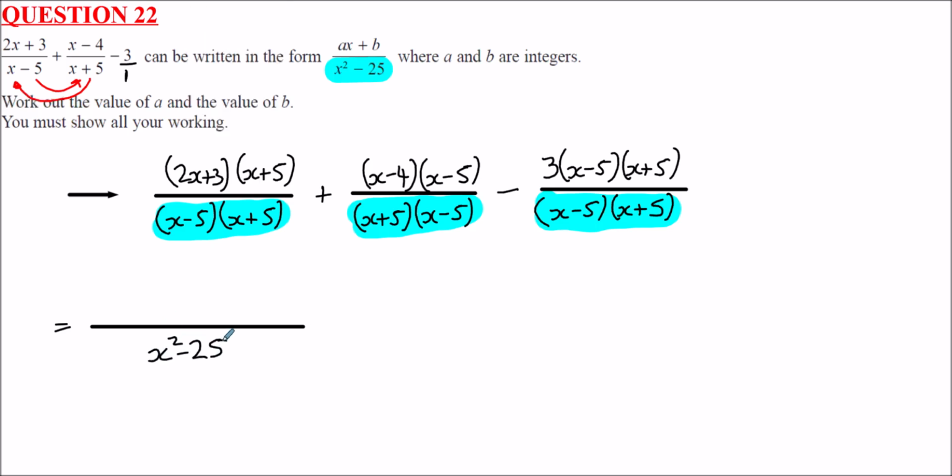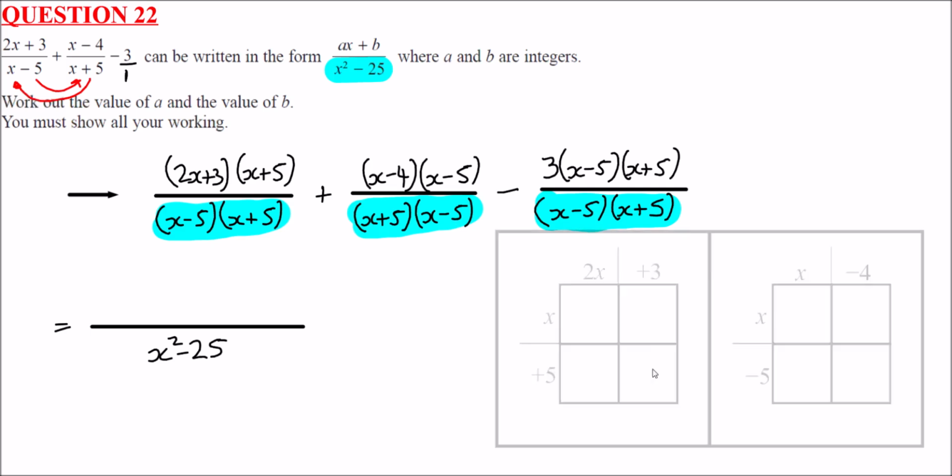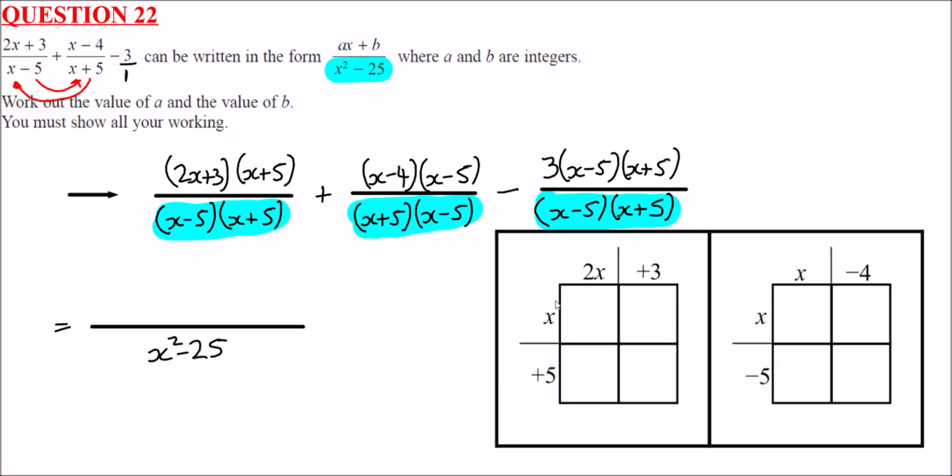What we need to do now, of course, is to expand these brackets on the top. So with the help of a good method, which I've got here, I'm going to do it step by step with you. So the first one, I need to do 2x plus 3 multiplied by x plus 5. So multiplying this out, 2x multiplied by x is 2x squared. x multiplied by 3 gives 3x. 2x times 5 gives 10x.